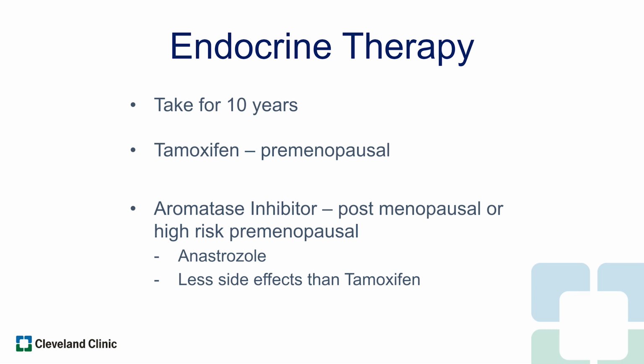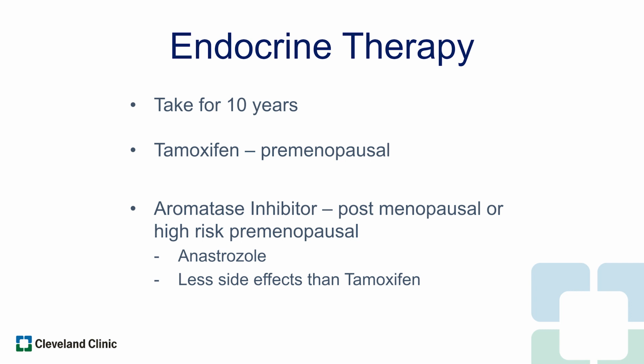If somebody is premenopausal and they're at a high risk, meaning that they're not triple negative, but they're a high risk, so their recurrence score is high, they're young, the option would be to make them postmenopausal, so surgically remove their ovaries or give them something to put them postmenopausal, and then you're going to be able to give them anastrozole.